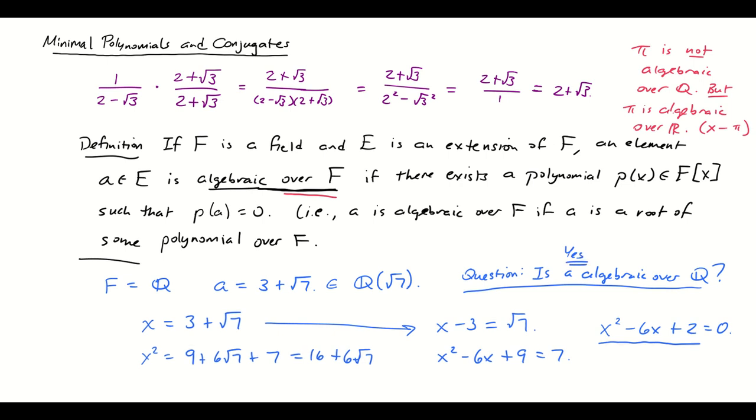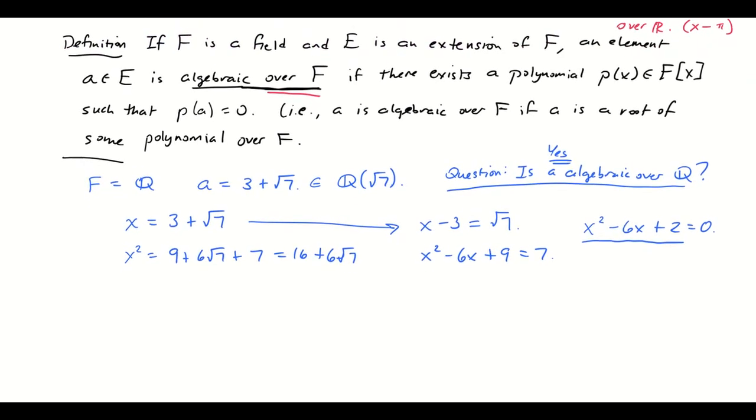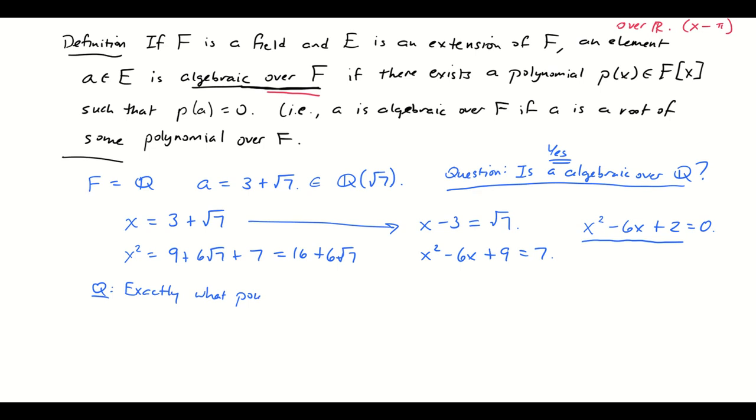But now the next question that you might ask is, okay, exactly what polynomials over Q have 3 plus root 7 as a root? So I'm going to write that down. Question: exactly what polynomials have 3 plus root 7 as a root?